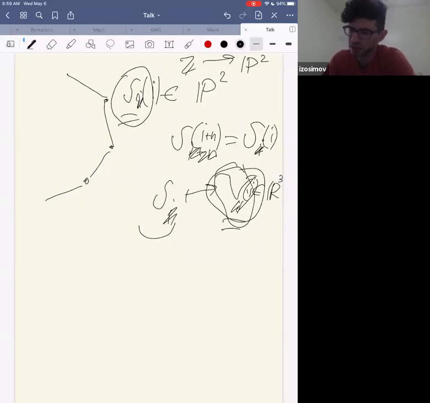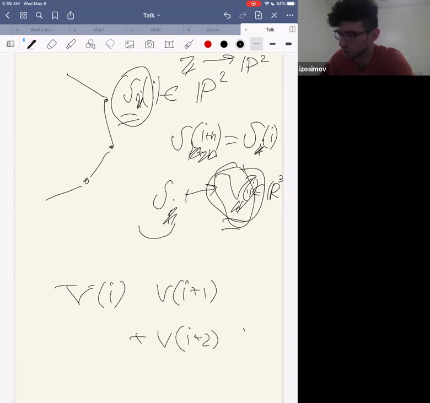And the way we can describe this sequence of vectors is, if we take 4 consecutive vectors, v of I, v of I plus 1, v of I plus 2, and v of I plus 3, then since they're all in R3, there is, of course, a linear relation between them.